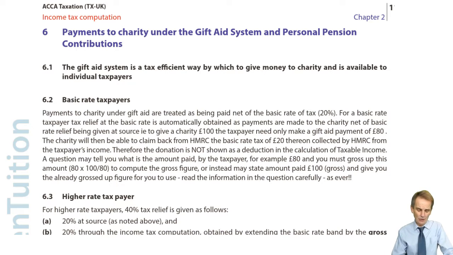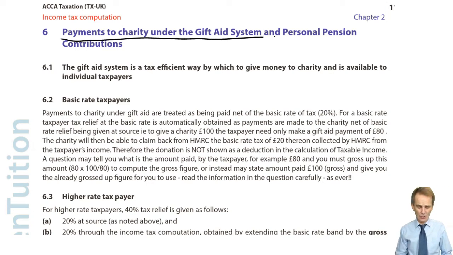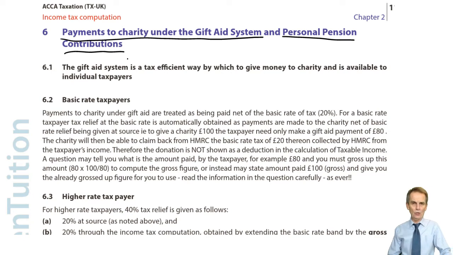Well, we now come here in section 6 to a most important area in terms of our studies and our calculation of the income tax liability. We're looking at payments being made to charity under what is a tax efficiency scheme, hence our involvement now, called the gift aid system, and also when an individual makes personal pension contributions.